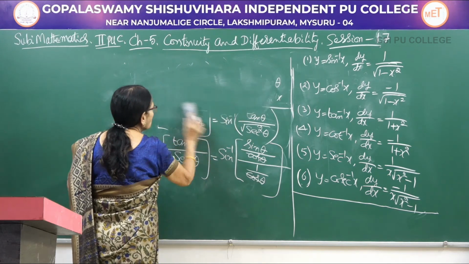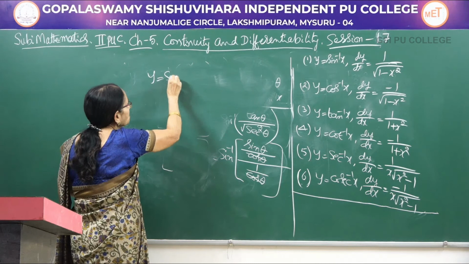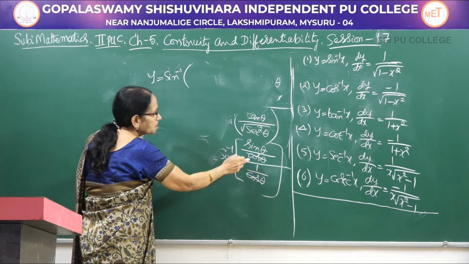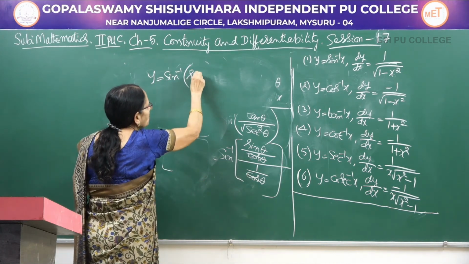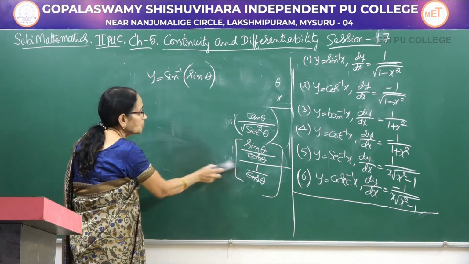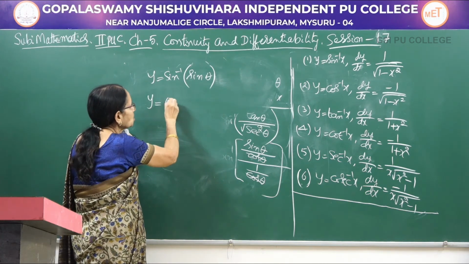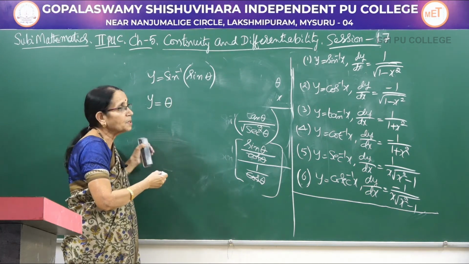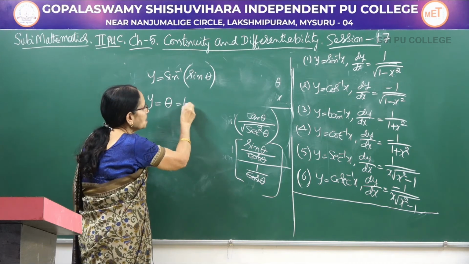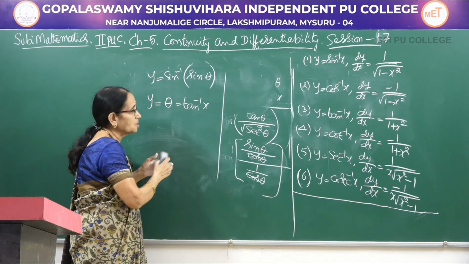We are having y is equal to sin inverse of, see, these two have been cancelled, we are having only sin theta. Now again I am using the property of inverse trigonometric function. So y is equal to theta. See how simple it has become. And what was theta? Because of the substitution, it was equal to tan inverse x.